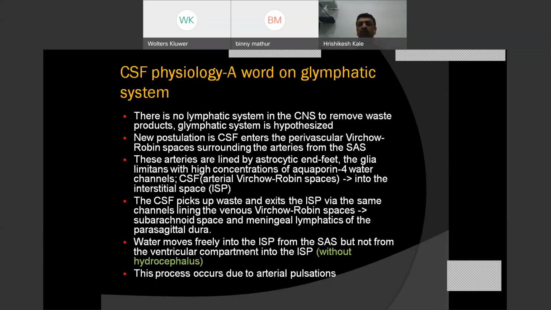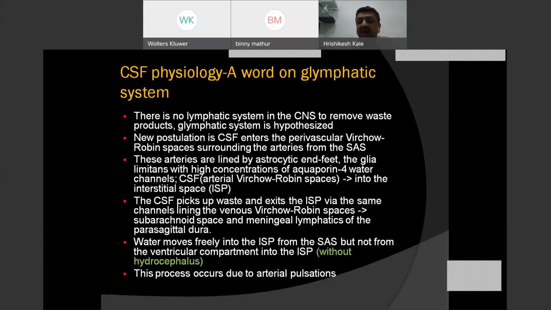Just a quick word on the lymphatic system. There is no conventional lymphatic system in the CNS to remove the waste products, so they have hypothesized the presence of a lymphatic system. The postulation is that CSF enters along with the perivascular arteries and extends along the subarachnoid space into which the arteries enter.